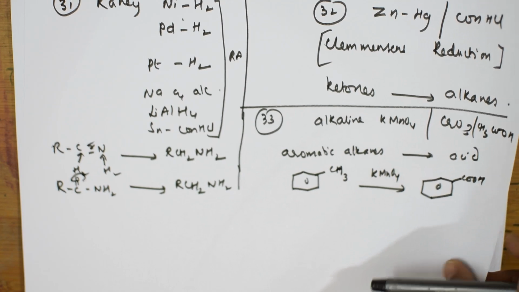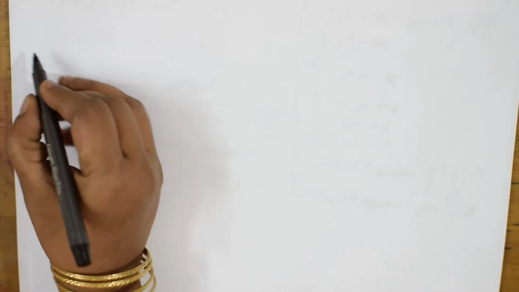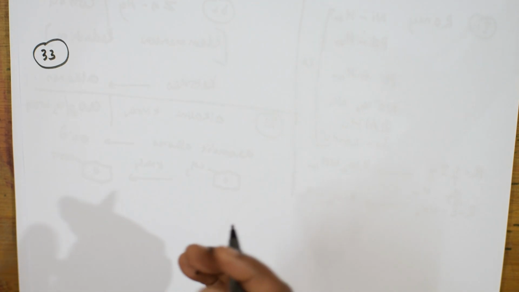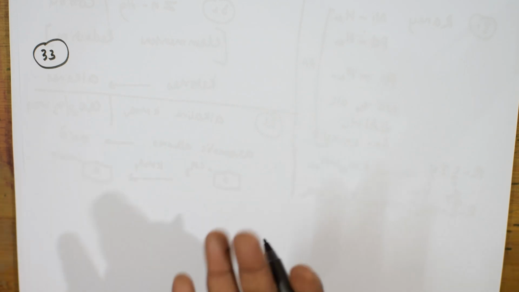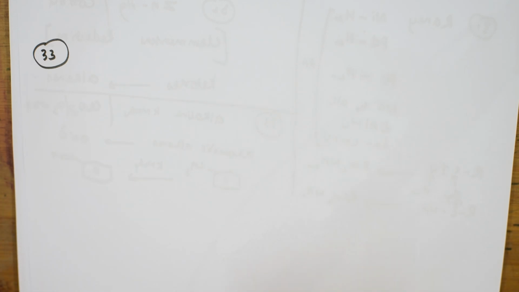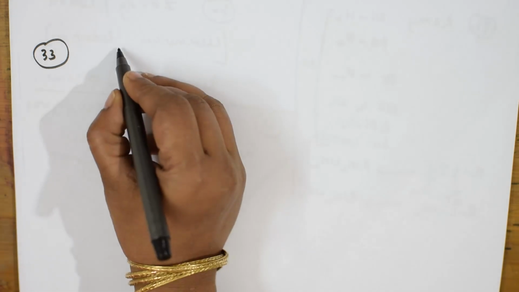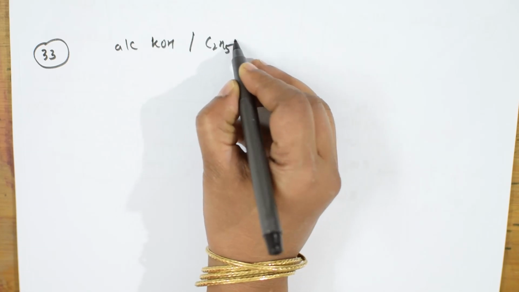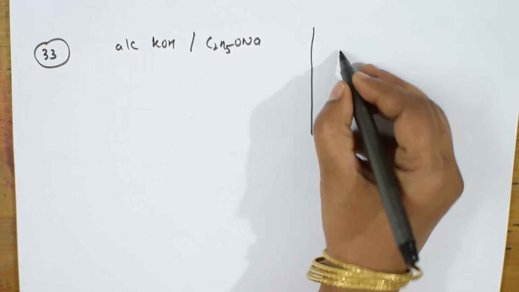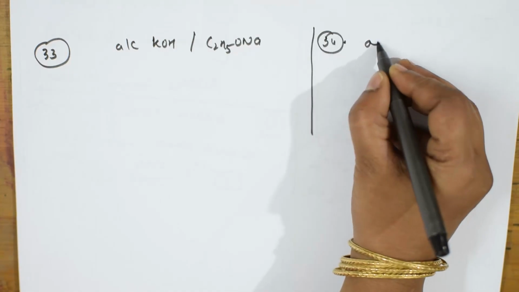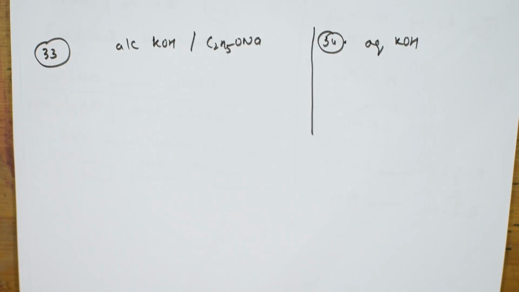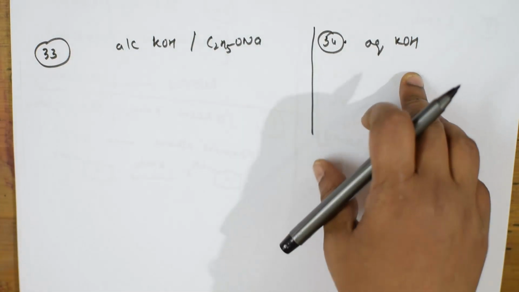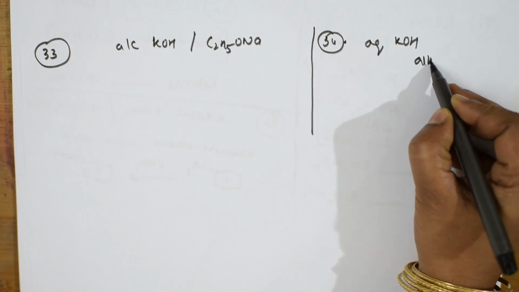Now, next thing, let us see one more, number 34. Suppose in the reaction, reducing agents are over, oxidizing agents are over. If I have alcoholic KOH in the presence of sodium ethoxide, and if you have aqueous KOH, here aqueous KOH is alkaline in nature, isn't it?